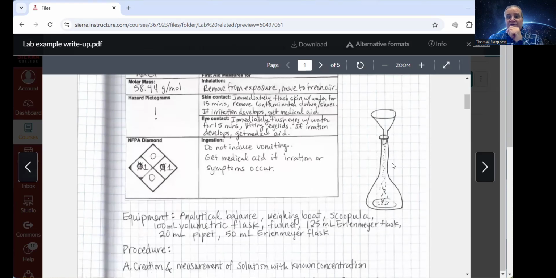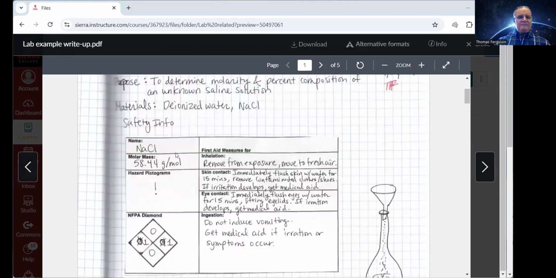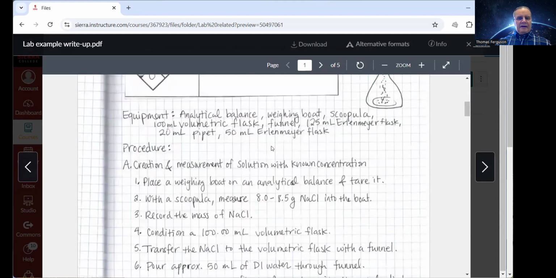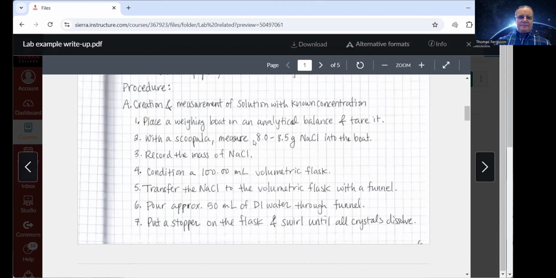When we get into more complex labs that have chemicals that are not good for you, you have to do first aid on all those chemicals, and it'll be obvious which ones are. That's what this here is, the first aid for those chemicals. Then list your equipment and write down the procedure.